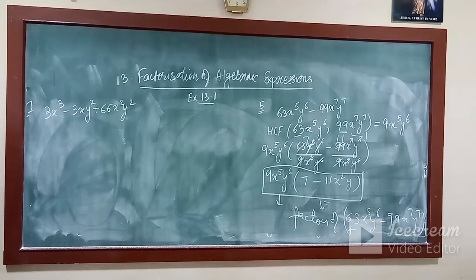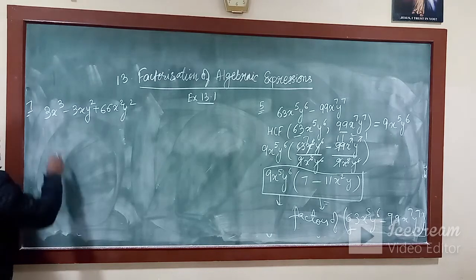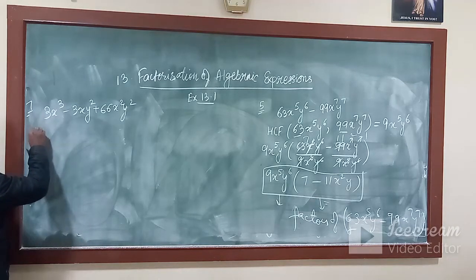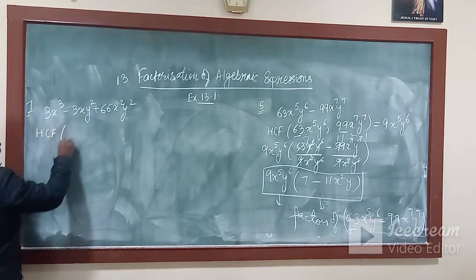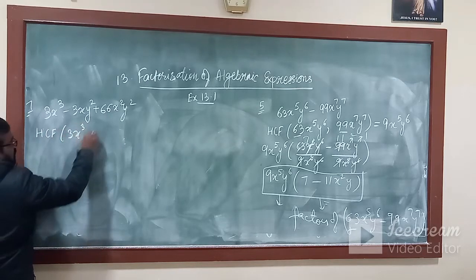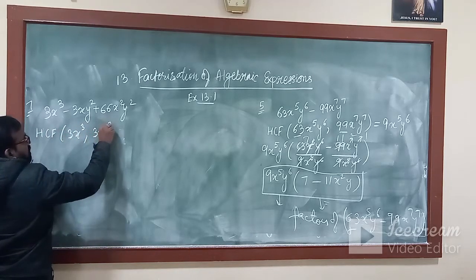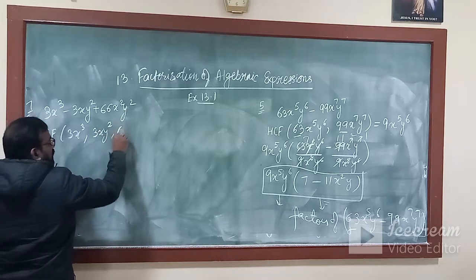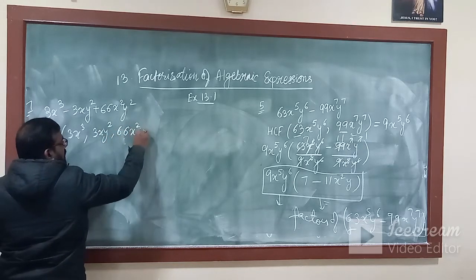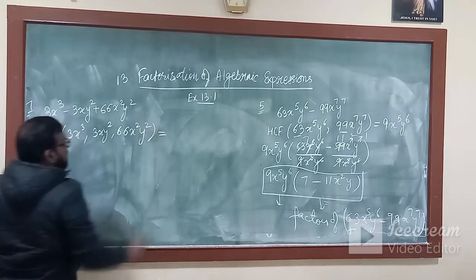Okay, so now we have three terms. So we have to take the HCF of all the three terms, and whether there are 3, 10, 20, however many terms there are, the method will remain the same.